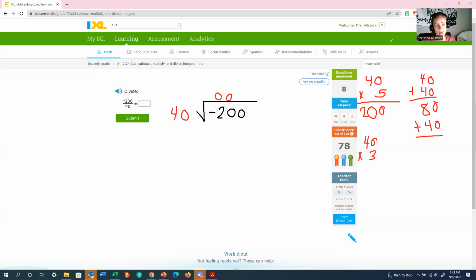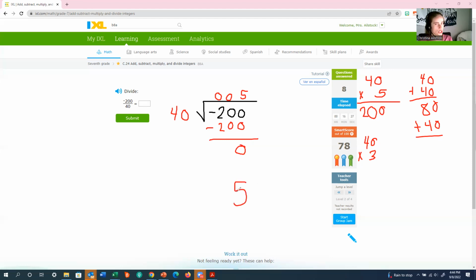But in this case, because I always just start in the middle when I test out my multiplication, start with 5, that helps me know whether I need to go higher or lower. I happen to pick the right one. So 40 can go into 200 5 times, and it goes in evenly, which means I'm not going to have any decimals. I'm not going to have any mixed numbers. We're good to go with the 5.